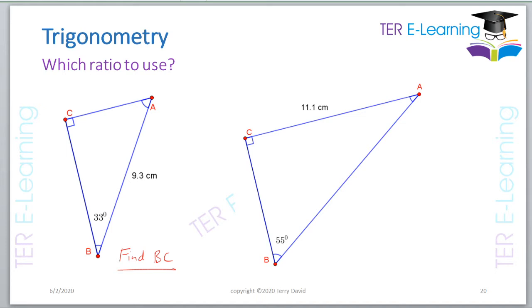Sure is sine? Everybody's saying sine. Oh, it's BC I want to find, you know. BC. Look at where BC is. This diagram we're talking about here, this one on the left.